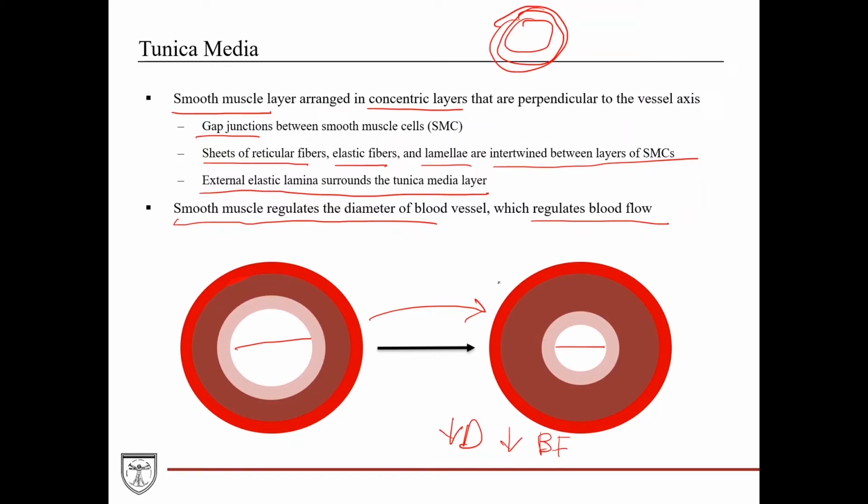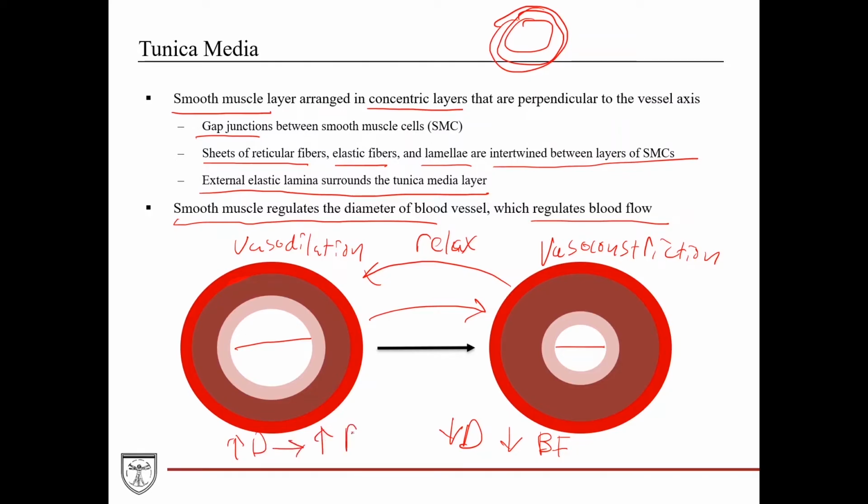This would be called vasoconstriction, because the muscles are contracting and constricting the vessel. However, if the muscles relax, you have what's called vasodilation, and then the diameter increases. So you have an increase in the diameter, you're going to have an increase in blood flow. And this is regulated by the autonomic nervous system.